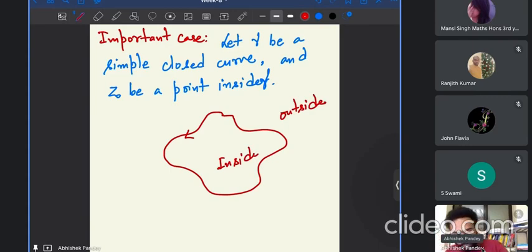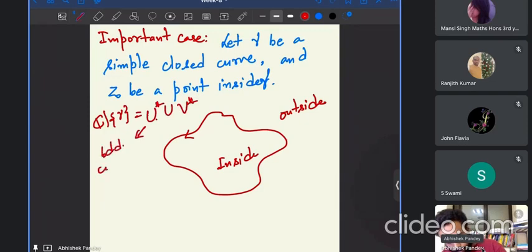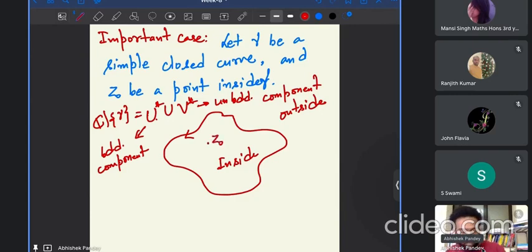So basically C minus gamma is, let us say, U star union V star, where this is the bounded component and this is your unbounded component. Let us see what would be the winding number for any point z naught inside this simple closed curve.